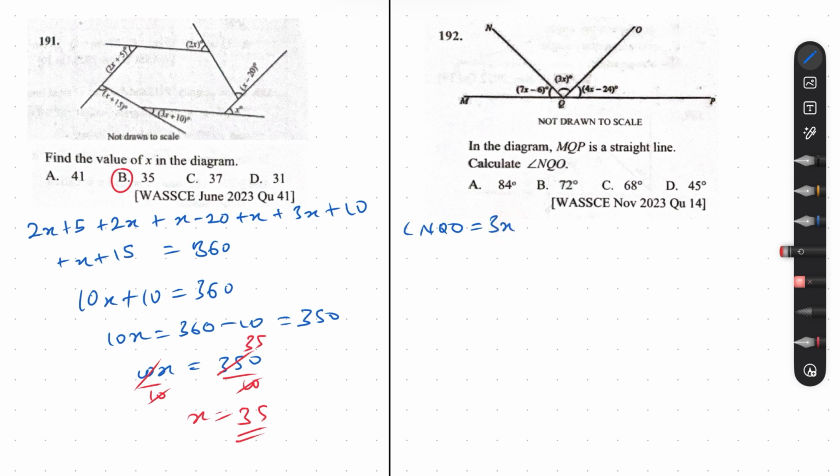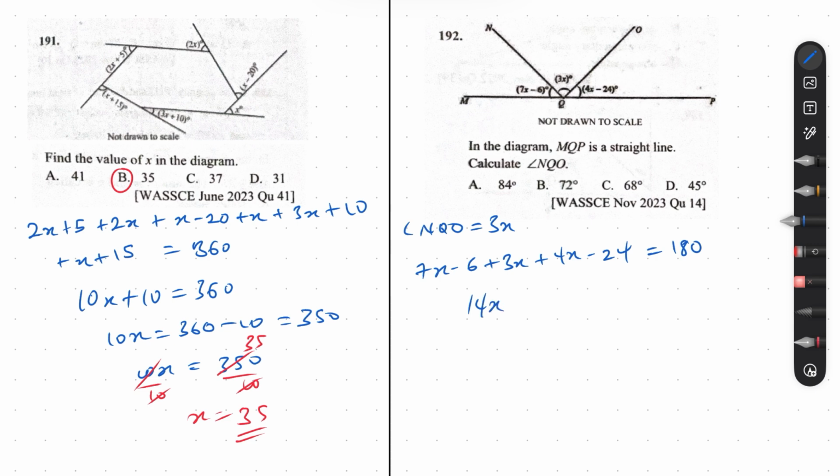Now how do you find x? The sum of angles on a straight line are supplementary. That means they add up to 180. So when you add all the angles, you should get 180. So we have 7x minus 6 plus 3x plus 4x minus 24 should give us 180. So we have 7x, 3x, that's 10x plus 4x, 14x.